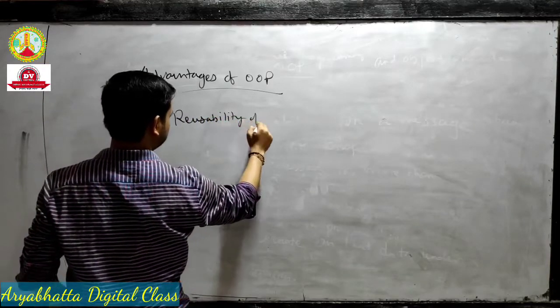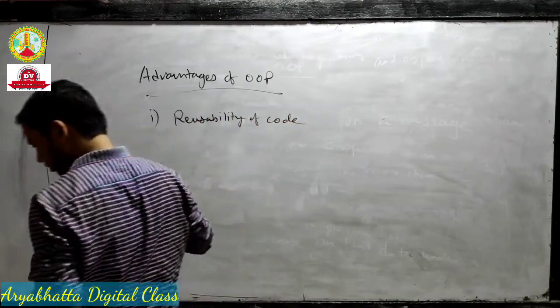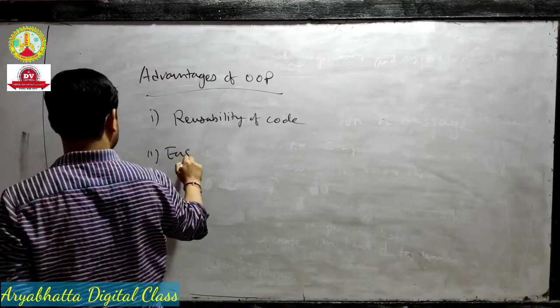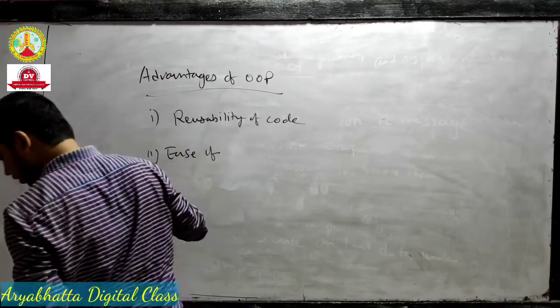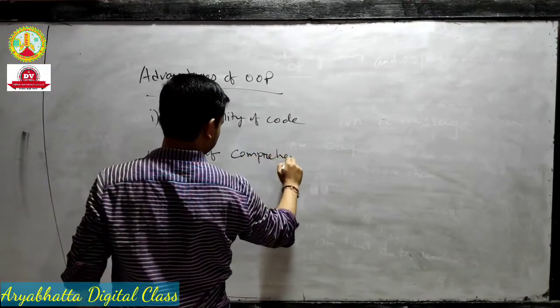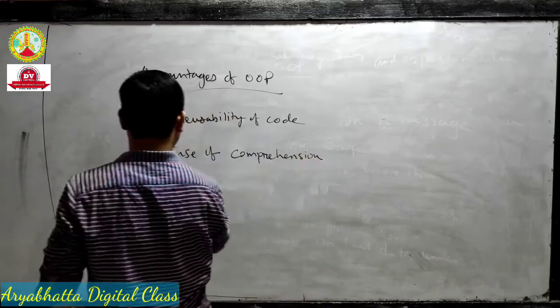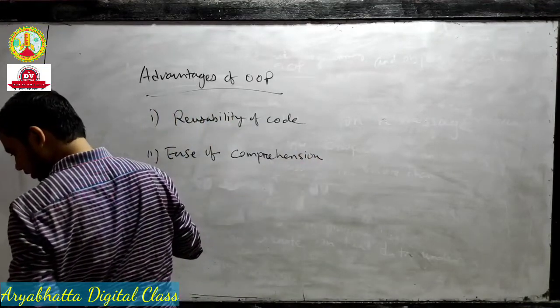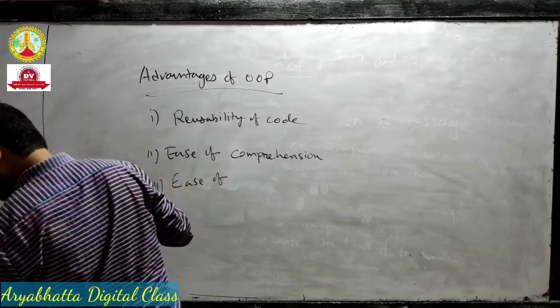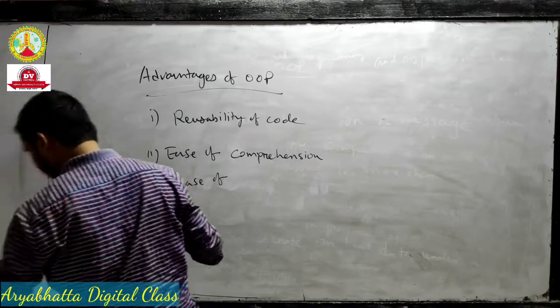Reusability of code. Second is ease of comprehension. Third is ease of fabrication and maintenance.